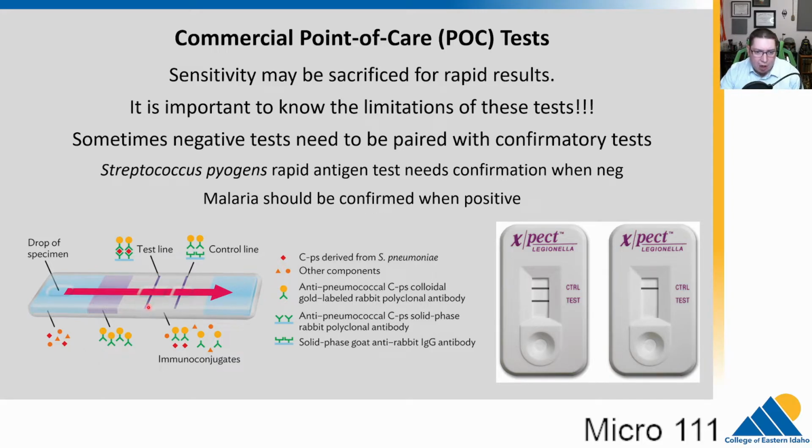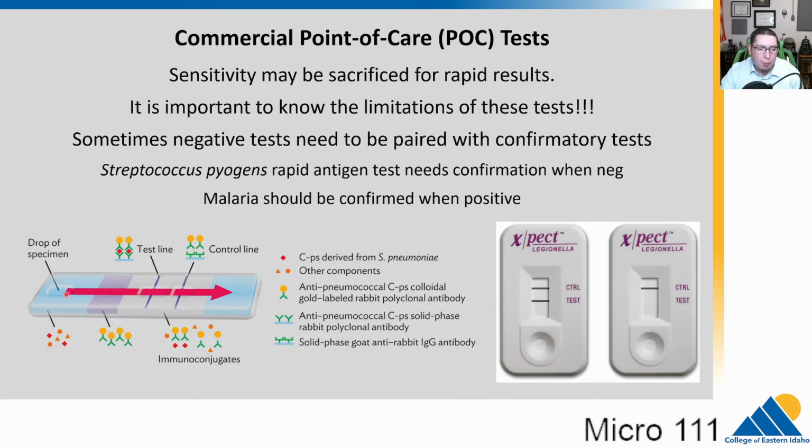On our test line and on our control line, we have two different types of antibodies. On our test line, we have anti-pneumococcal rabbit polyclonal antibody. So the same thing that's floating around, but it's bound to this line. On the control line, we have what's called goat anti-rabbit IgG antibody. So this is a goat antibody that will recognize any rabbit antibodies. Okay, so what happens?